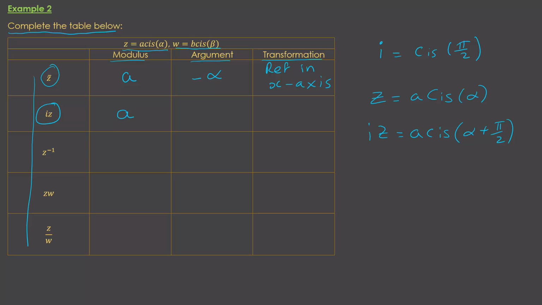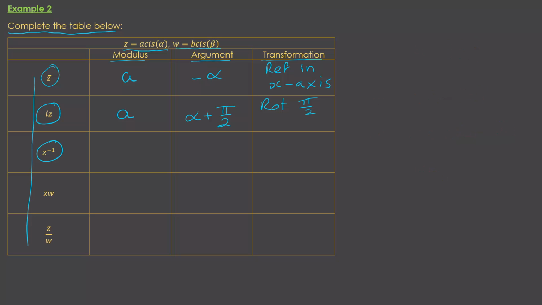So the modulus will be A. The argument would be alpha plus pi by 2. And the transformation is a rotation of pi by 2. When we give this as a positive, it's implied that it is anti-clockwise.